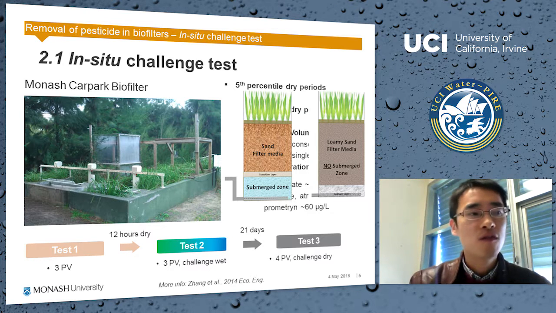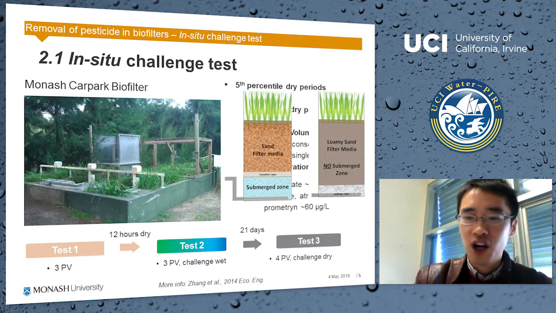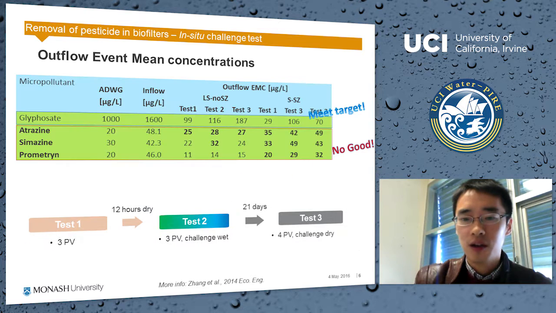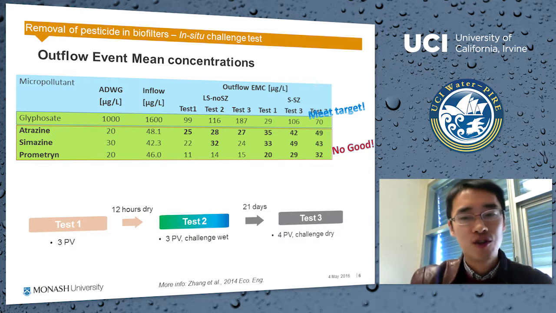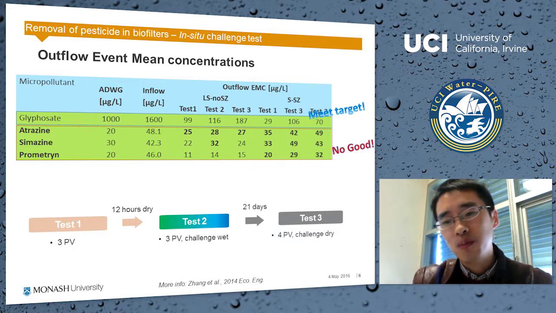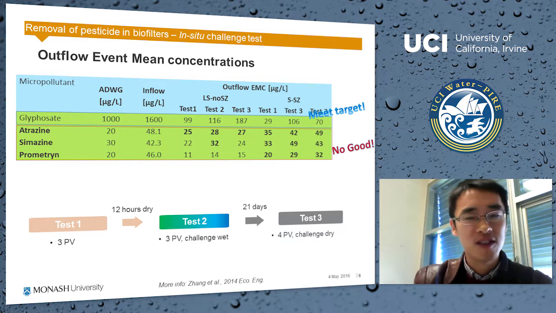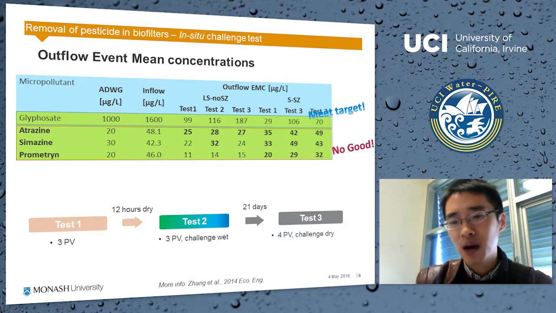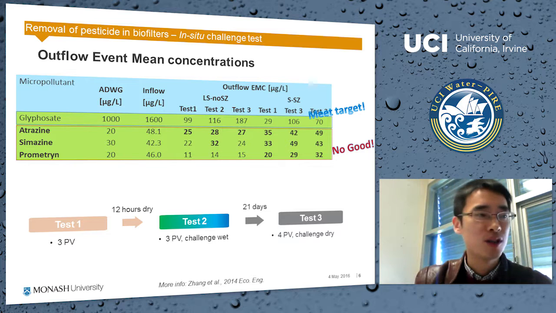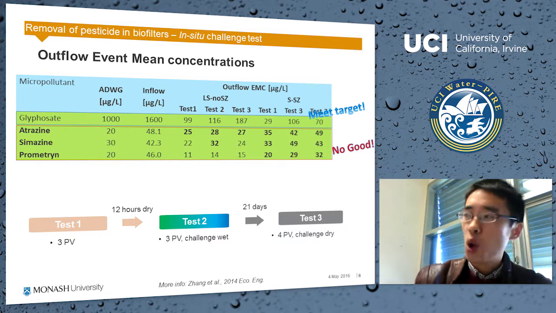For the inflow concentration, we were also targeting very high, challenging concentrations. We used 2 milligrams per liter for glyphosate and 60 micrograms per liter for simazine, atrazine, and prometon. According to these challenging conditions, we designed three tests over around a month.